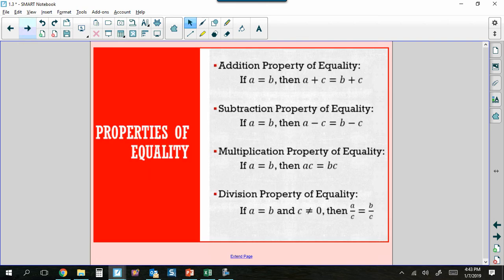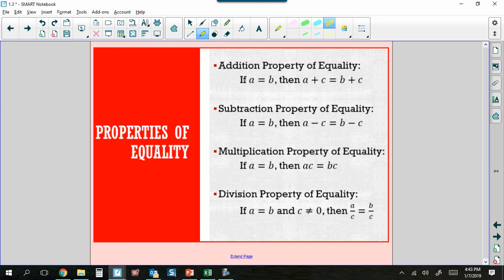All right, so now let's go on to our last vocabulary page. Lots and lots of vocabulary. You'll be able to do a big part of your vocabulary section today. All right, first we're going to talk about some properties of equality, and most of these you all know. So you have your addition property of equality.